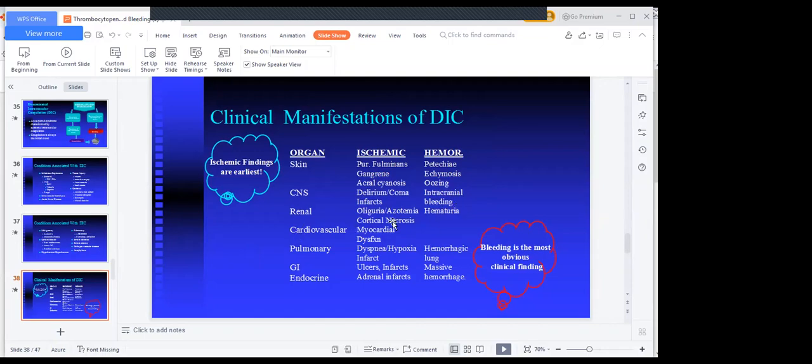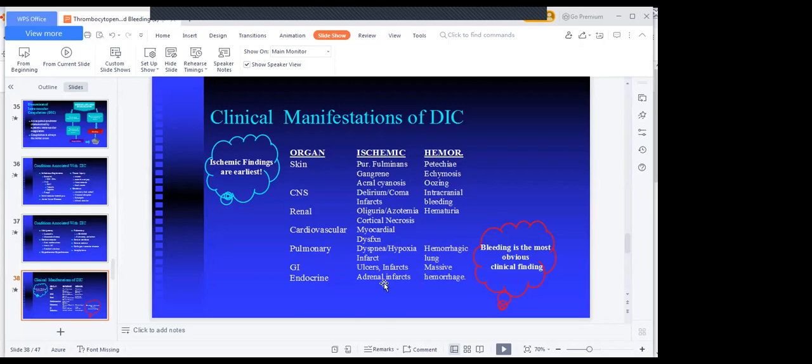In the renal system: oliguria, and in the hemorrhagic form, hematuria. In the cardiovascular system: myocardial infarction. In the pulmonary system: dyspnea and hypoxia, and hemorrhage of the lungs. GI ulcers, and ischemic infarct.